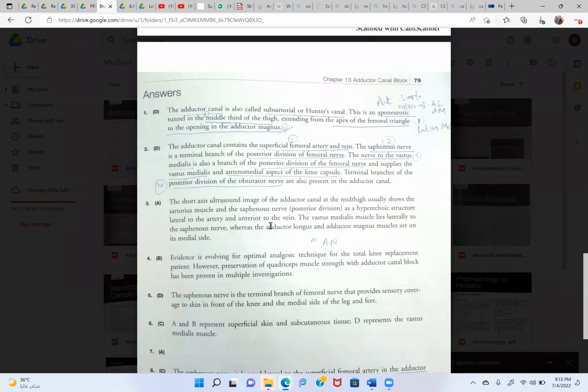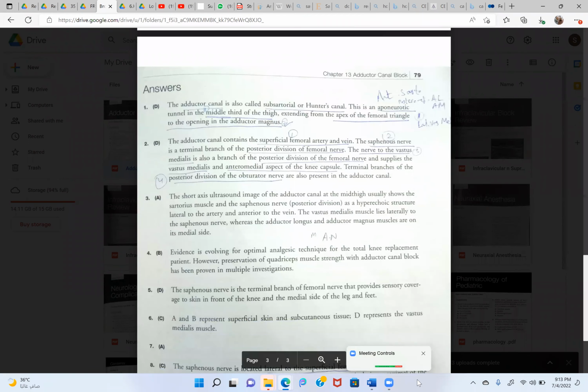Okay. And then I will tell you some words about, do you know about short axis, long axis, and in plane and out of plane? Because this is basic ultrasound knowledge which you should have.